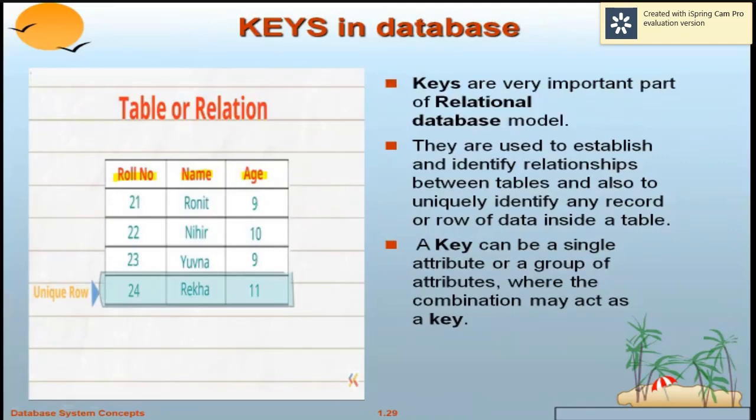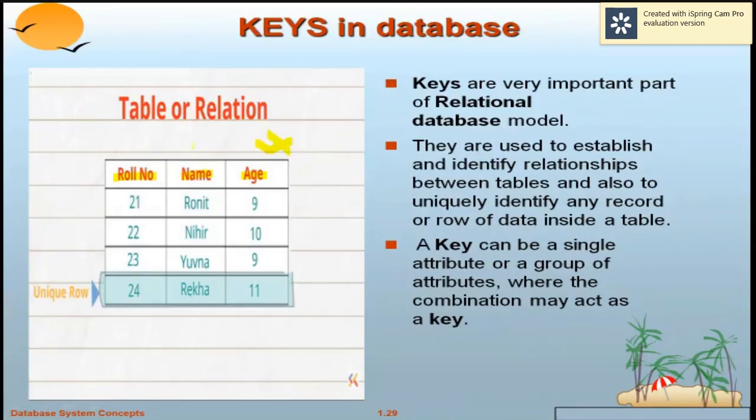Consider roll number, name, and age. First, think of age. Is there any chance of repetition of age in the data? Yes. More than one student can have the same age. So age is not considered a unique element.